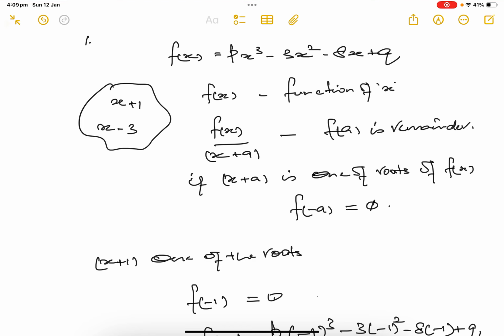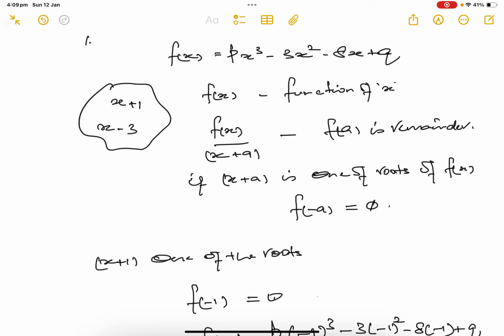So if the dividing function is a root of the function, then f(minus a) equals 0.